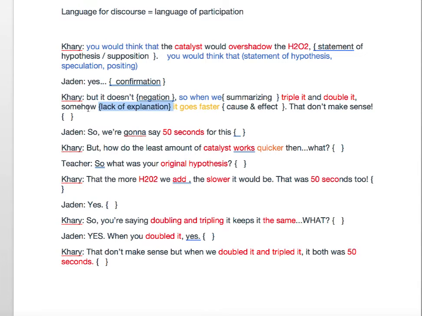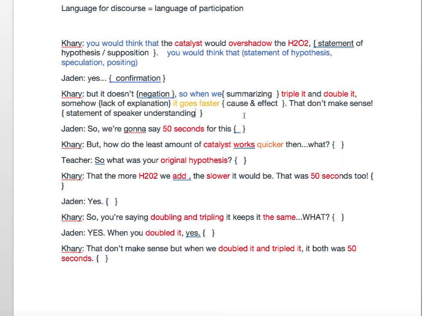So words like "somehow" and "you would think that" indicate that the speaker has doubt or lack of knowledge and is indexing that. This is consistent with "don't make sense," which is just a statement of speaker understanding.